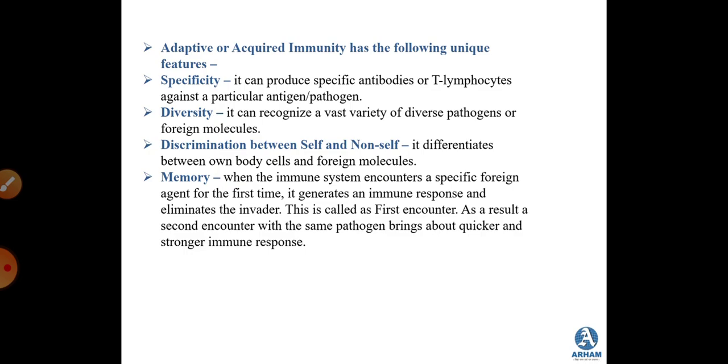Specificity means that acquired immunity can produce specific antibodies, or T lymphocytes, against a particular antigen and pathogen. As discussed previously, the acquired or adaptive immunity is specific. It produces specific antibodies against specific antigens.